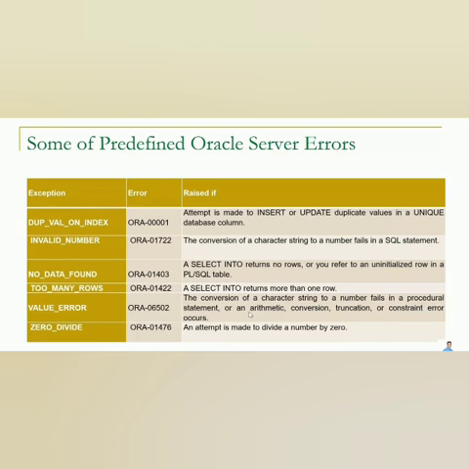Then value error. Value error will be corrected using the value error exception name. This error will be thrown as ORA-06502. It occurs when the conversion of a character string to a number fails in a procedural statement, or an arithmetic conversion, truncation or constraint error occurs.